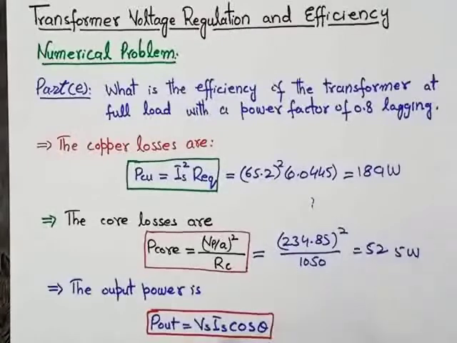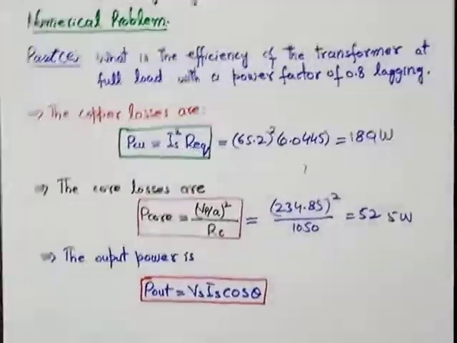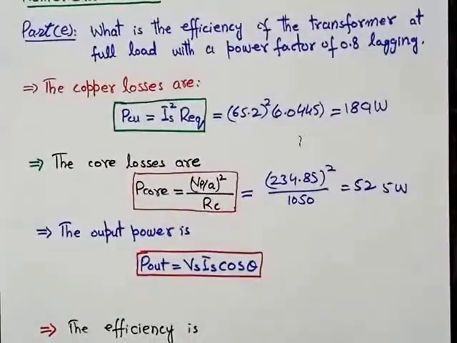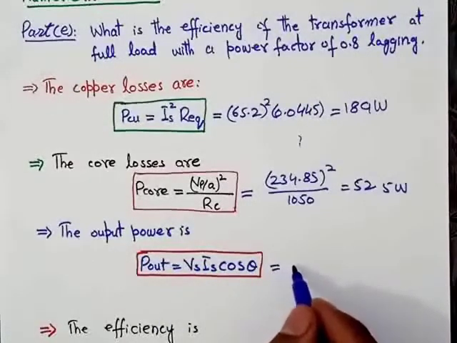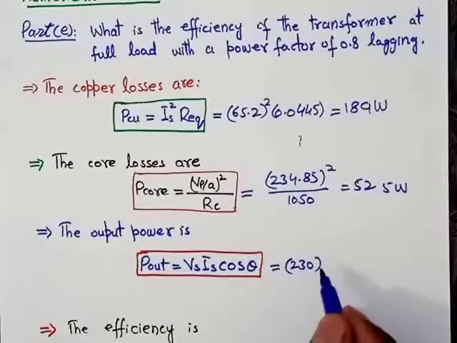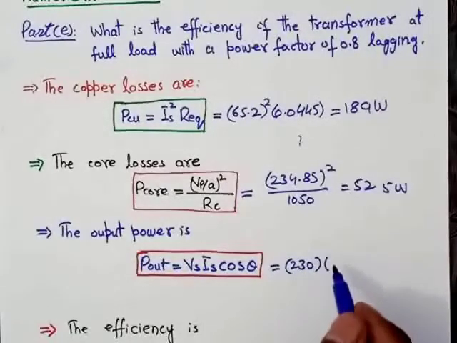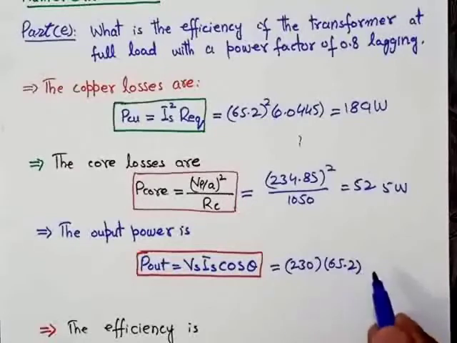Now we will find the output power. As we know, the output power is Vs Is cos theta. Putting the values of Vs, Is and power factor in this equation, the value of Vs is 230 volt, the value of the current is 65.2 ampere and the power factor is 0.8 lagging.